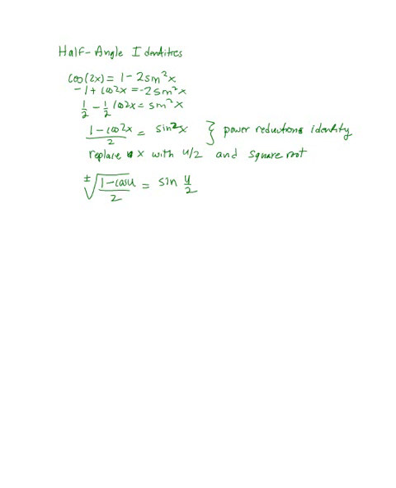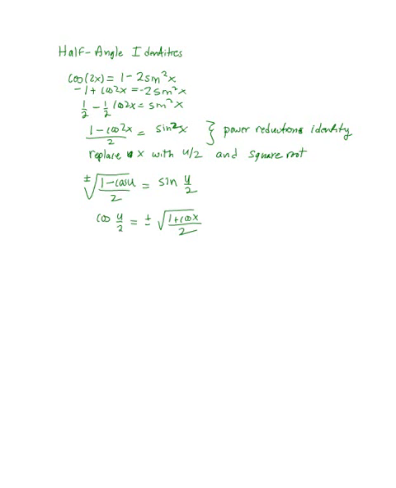And you can do the exact same thing with the cosine formula. You start with cosine 2x is 2 cosine squared x minus 1. And you'll find that cosine of u over 2 is plus or minus the square root of 1 plus cosine x over 2.